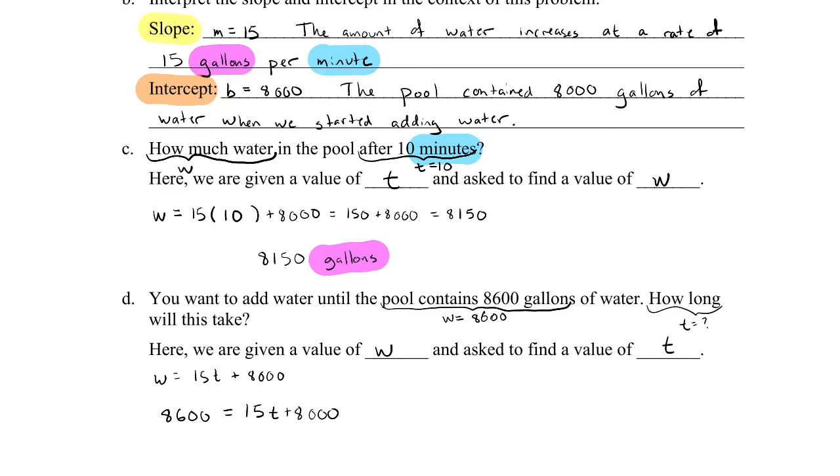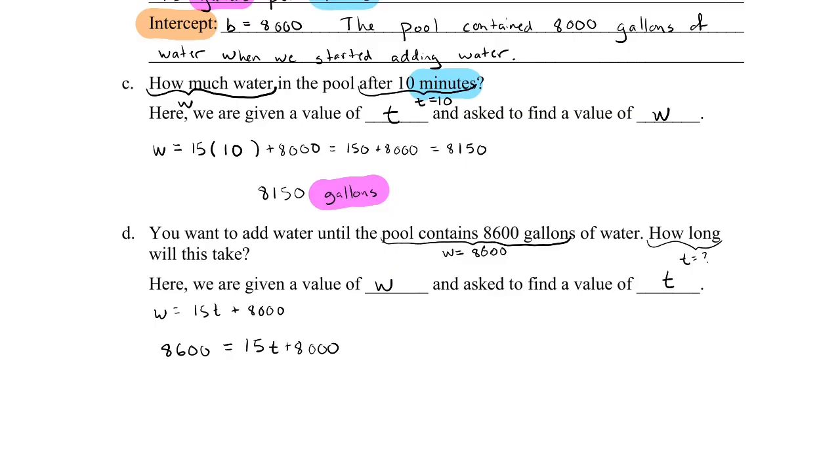And now we're going to take a second and look at what we just wrote. Because in what we just wrote, we have t with arithmetic happening to it, right? T is not by itself on one side of our equation. Here it is. In order to find out what the value of t is, we need to use algebra to get t by itself. So this is a two-step equation.